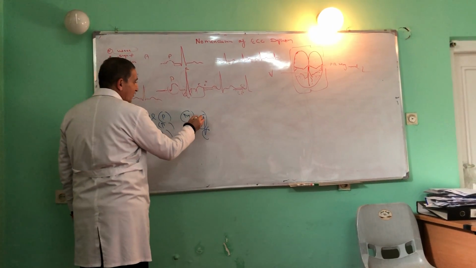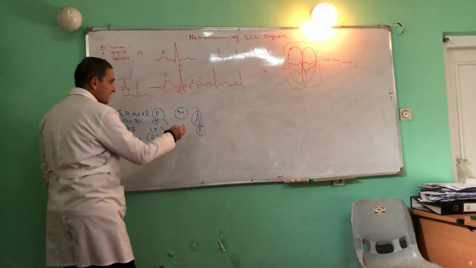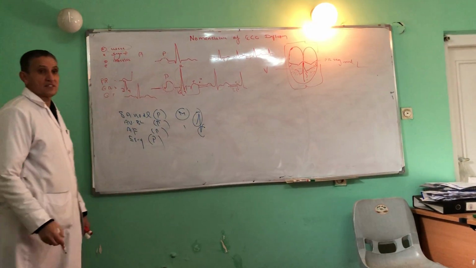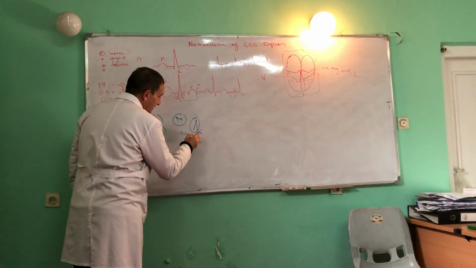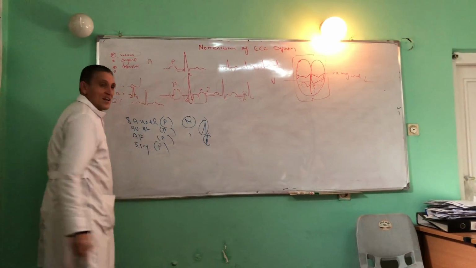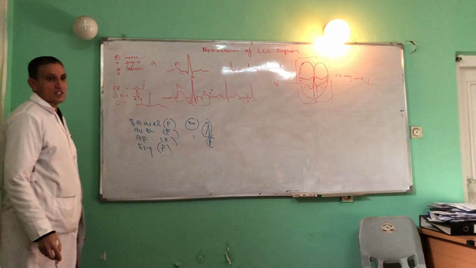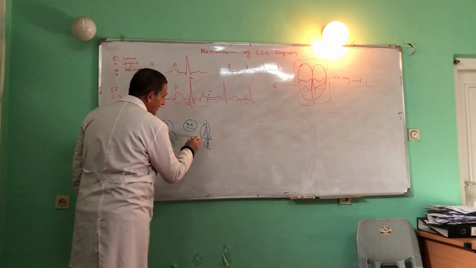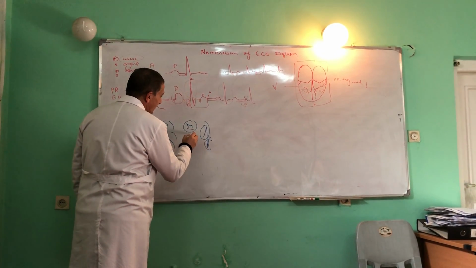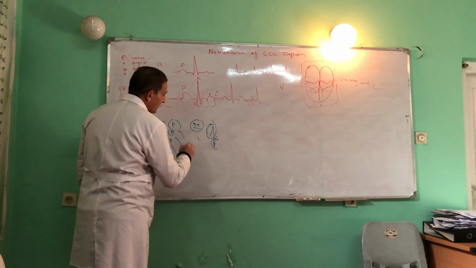If the height of the first wave is greater than the second, it represents right atrium enlargement. If the second wave is deeper than the first wave, it represents left atrium enlargement. So this was about the morphology: M wave, biphasic wave, and finally P pulmonale.